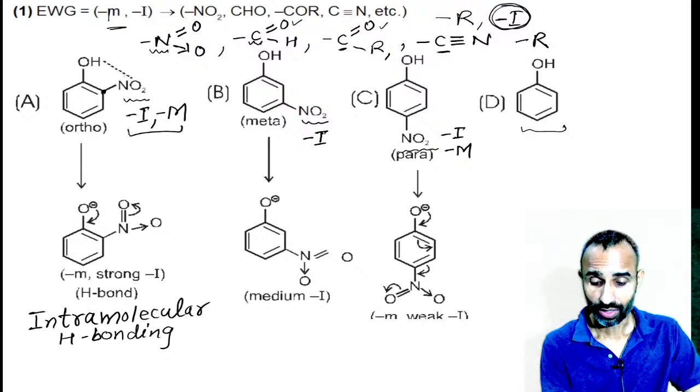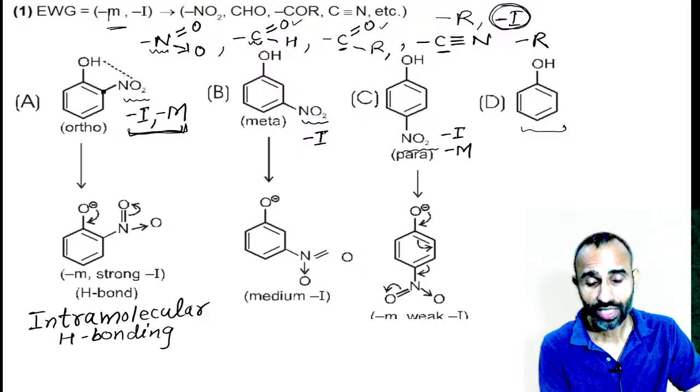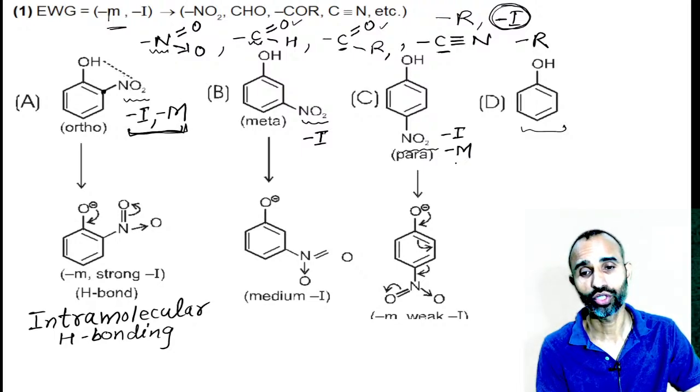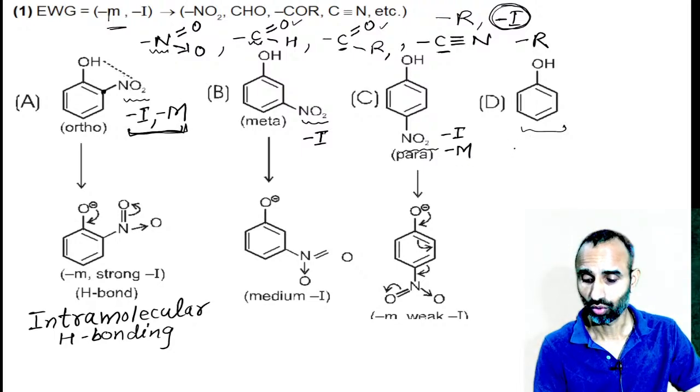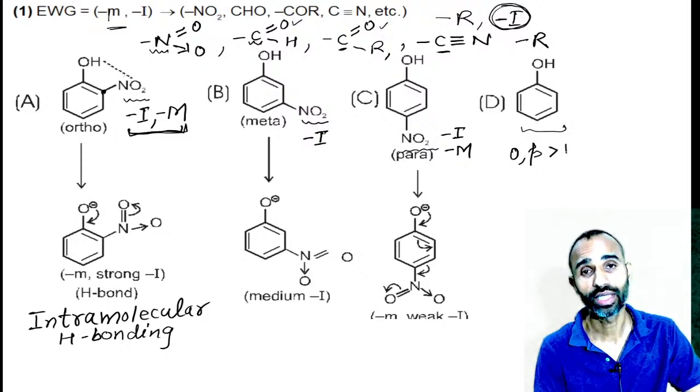Now, there is a strong electron withdrawing effect at ortho and para positions. So obviously ortho and para are more acidic than meta, which in turn is more acidic than phenol itself.